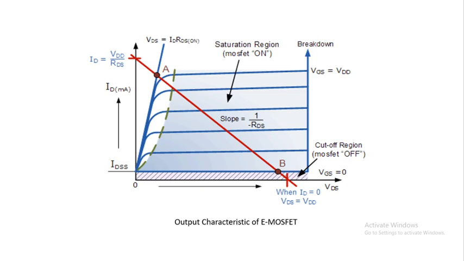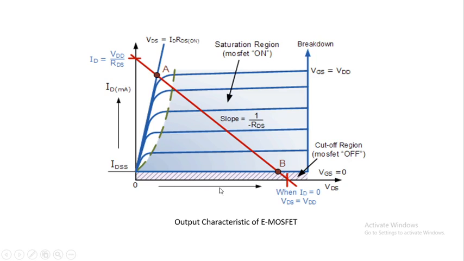If you observe the output characteristics of this N channel E MOSFET, then we can say that when VGS is equal to 0, no current flows through the MOSFET, and this will be considered the cutoff state of the MOSFET, the off state of the MOSFET. And in the saturation region, a maximum current flows through the MOSFET, so this is considered the on state of the MOSFET.